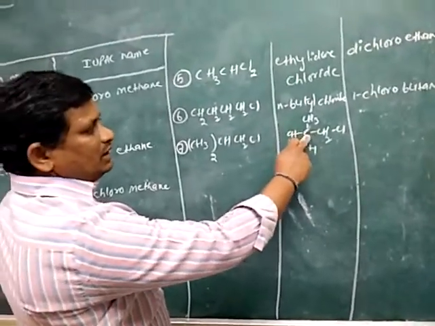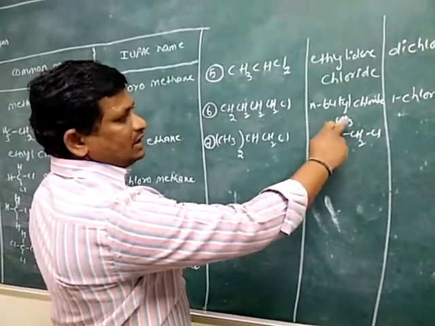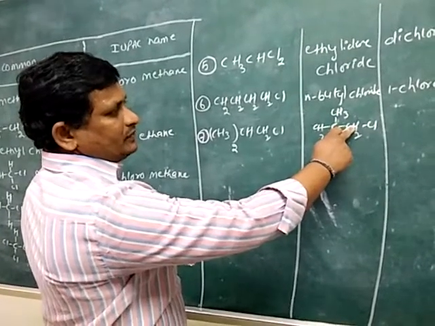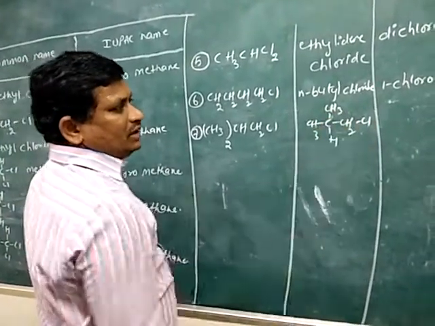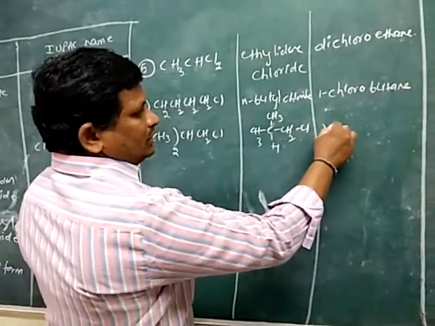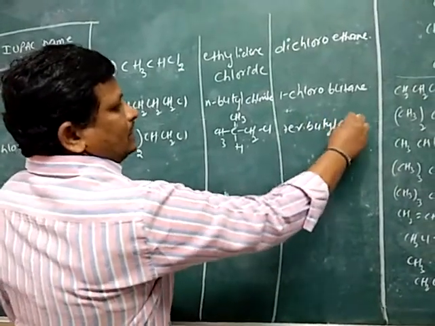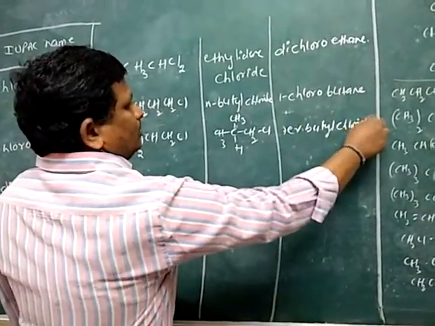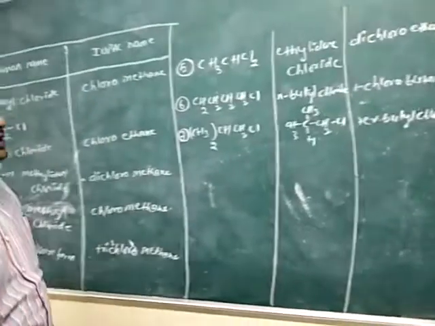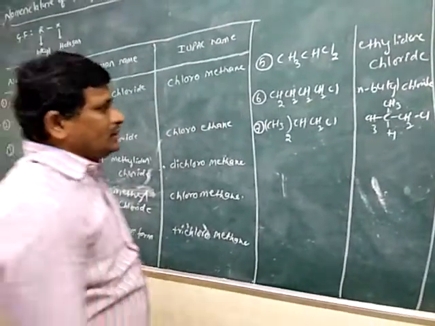This carbon is primary, secondary, tertiary. So it is tertiary butyl chloride.